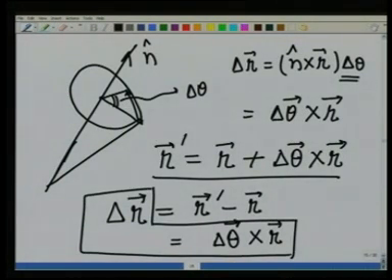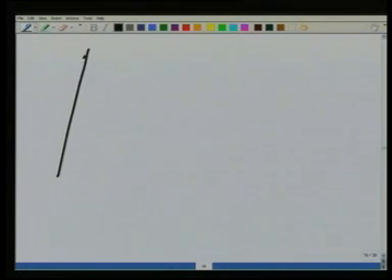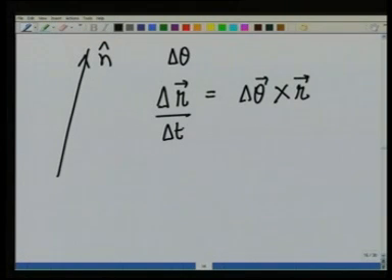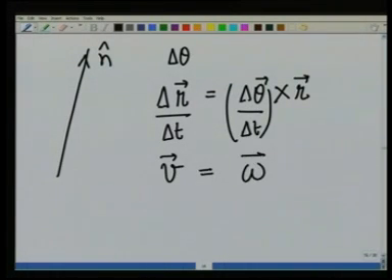Although I have written here taking r as a vector, this could in general be any vector a. The change would still be this. So, this is the first general result we get, that for a rotation about an axis pointing in direction n, a small angle delta theta rotation gives rise to change delta r equal to delta theta cross r. If I divide by delta t, I get the velocity equal to the angular velocity omega cross r.